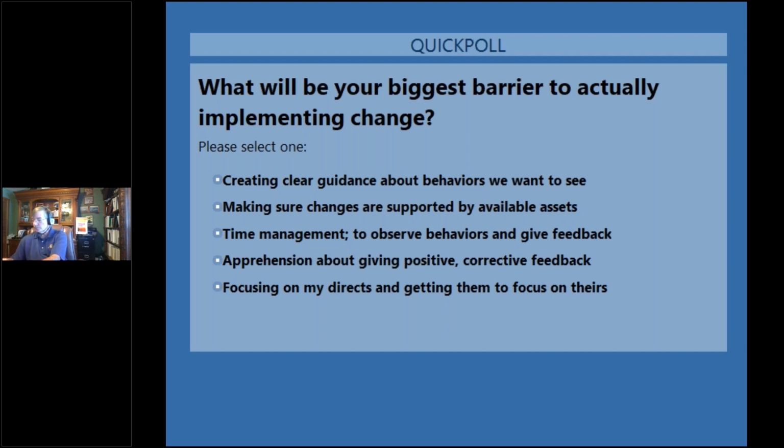Is it making sure that changes are supported by available assets? Is it appropriate time management so that you can observe behaviors and give feedback? Is it some apprehension about giving positive or corrective feedback? Or is it the ability to focus on your direct reports and get them to focus on theirs?